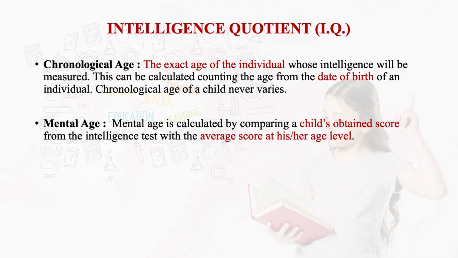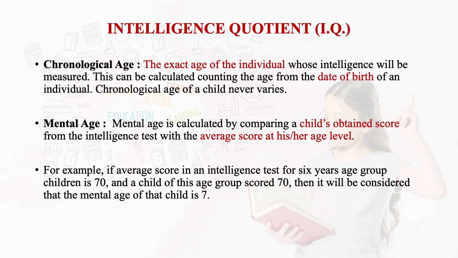But mental age varies. Mental age is calculated by comparing a child's obtained score on the intelligence test with the average score at his or her age level. Suppose you have administered a test for 14 year age group students. What should be the average? Let the average score in an achievement test be 70 for the 14 year age group.